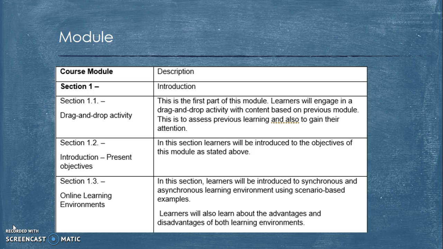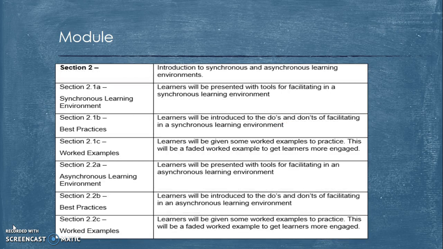The scenario-based examples will be used with videos from GoAnimate and stuff like that. And also learners will learn about the advantages and disadvantages of both the synchronous and the asynchronous learning environments.